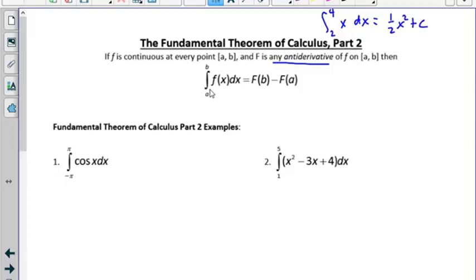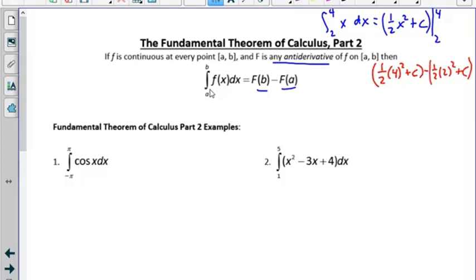Okay, so the notation that we'll use for evaluating an integral at points is we're going to put this line here and we're going to say it goes from 2 to 4. So then we will evaluate it by subbing in 4 into this and subbing in 2. So if I sub in 4 for x, what I end up with is 1/2 4 squared plus c, and then I subtract 1/2 2 squared plus c.